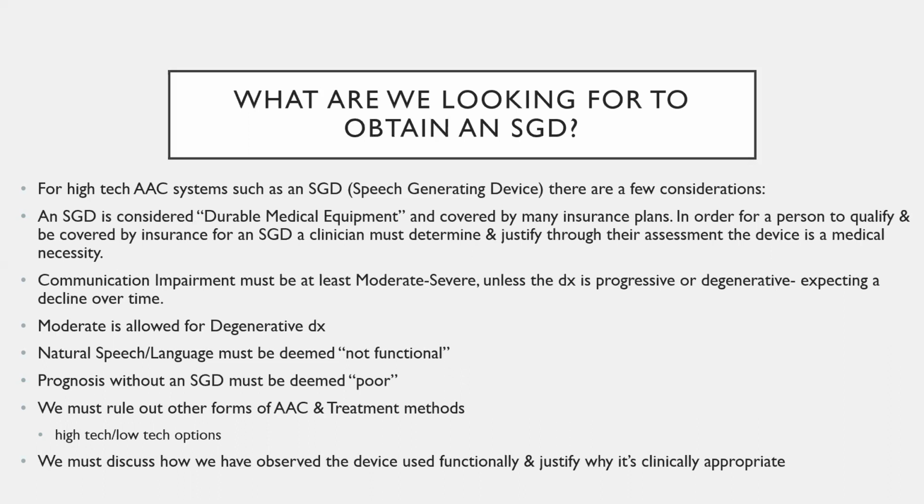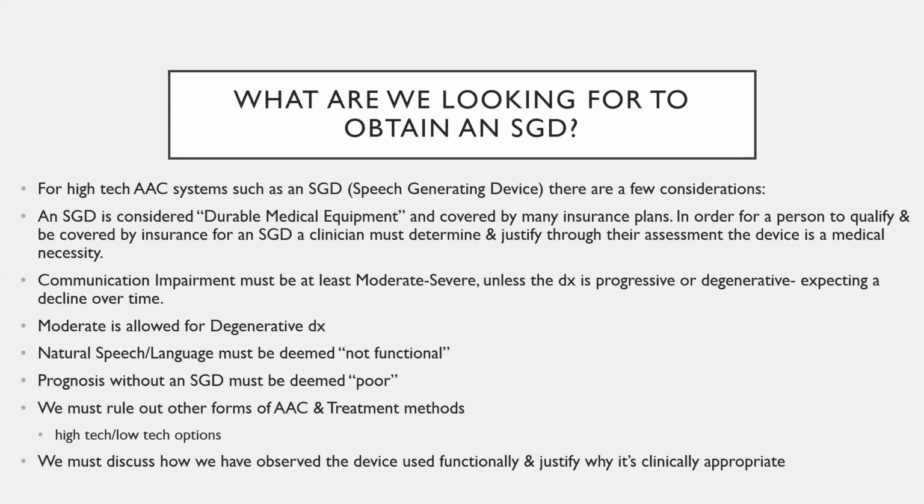So sometimes that gets a little bit confusing. So moderately severe is what is considered a medical necessity, unless we're talking about ALS, primary progressive apraxia of speech, or primary progressive aphasia. Again, just a condition that we're expecting a decline over time.